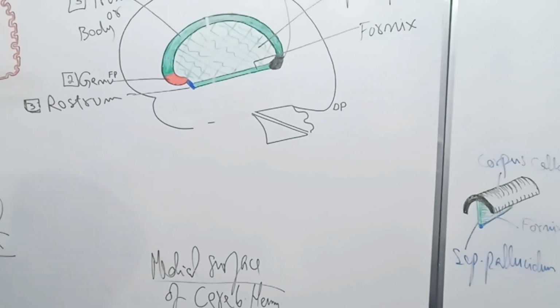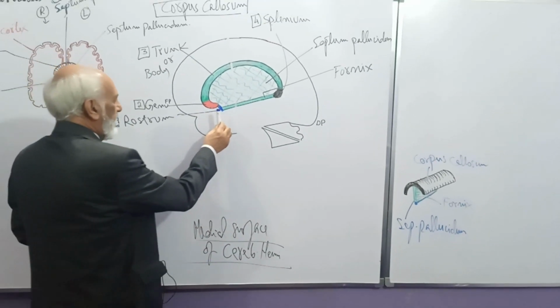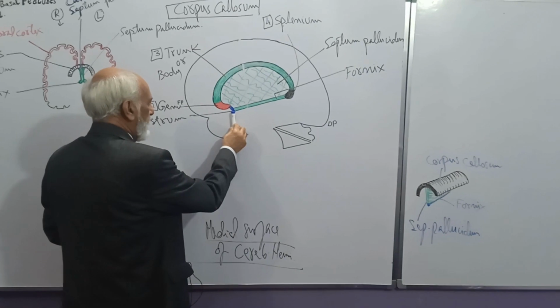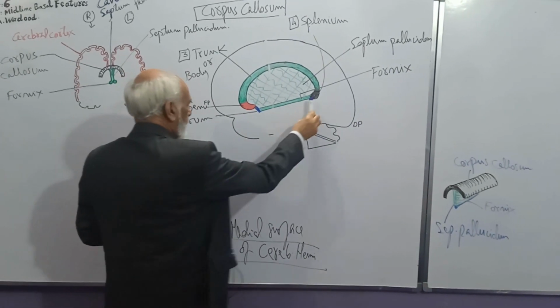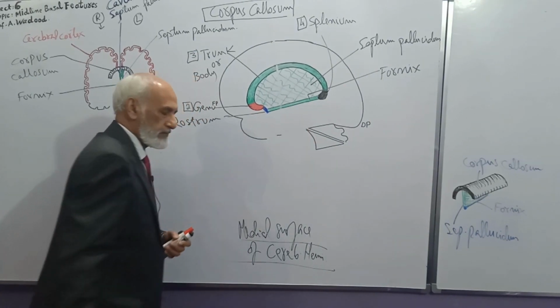Now, what are the other structures? What are the structures in the midline anteriorly, below the fornix, posteriorly, and inferiorly?